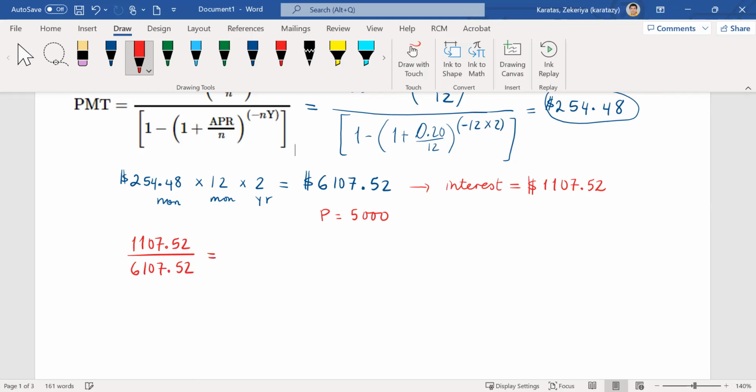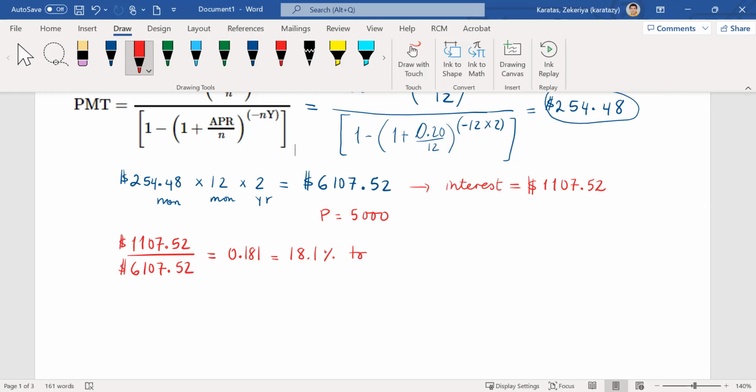If we divide these two, you will get 0.181, which, if you use it as a percentage, is going to be 18.1%. So that much was the interest that you paid out of the total.